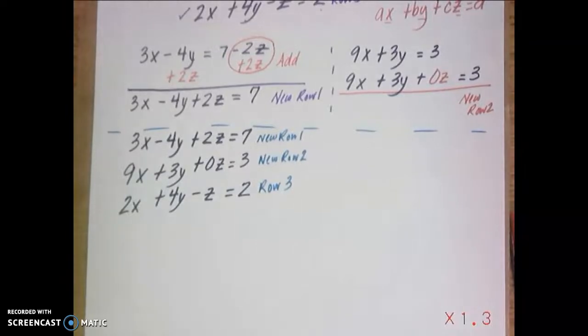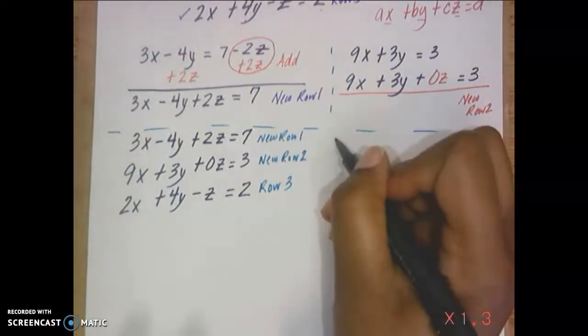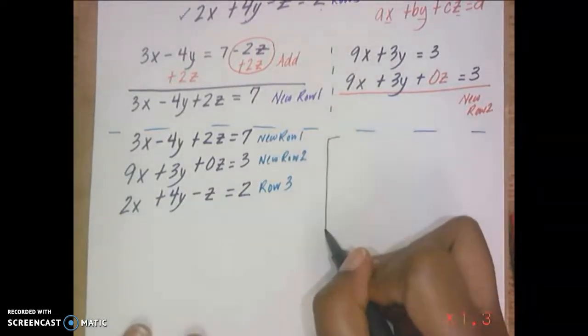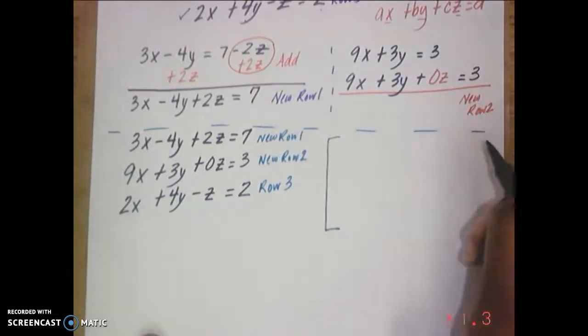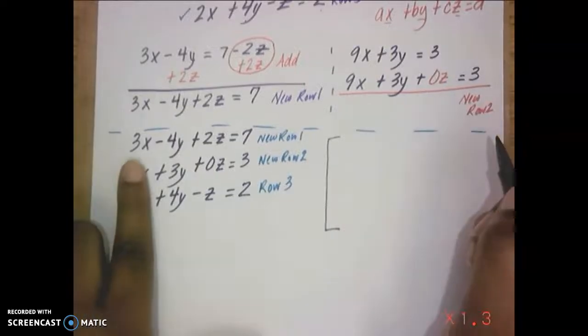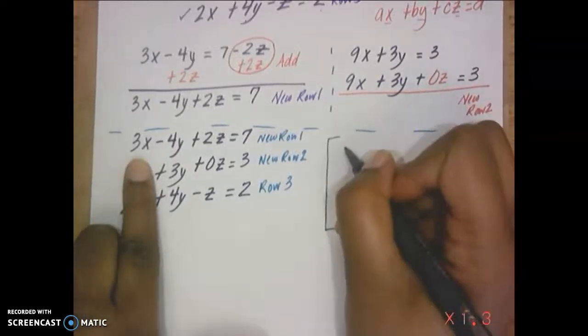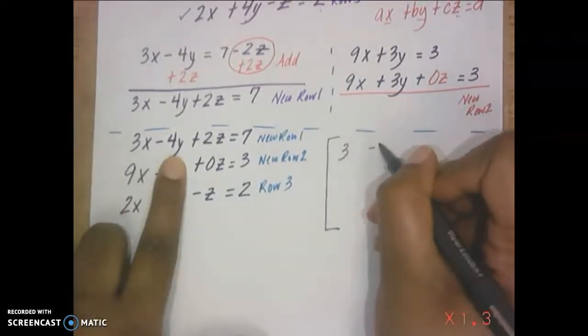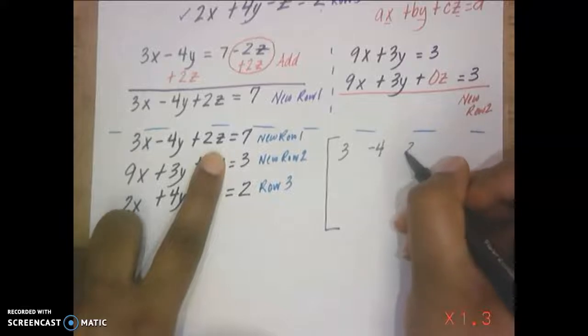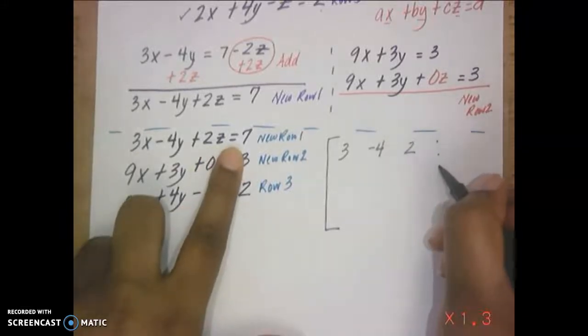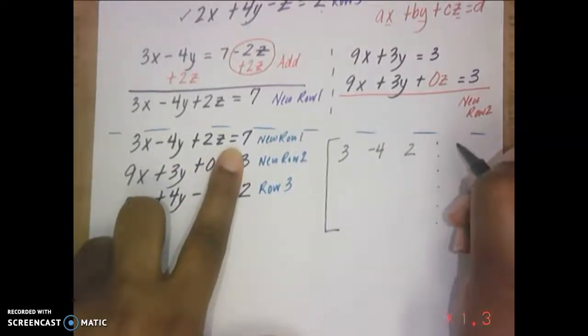Now we can set ourselves up an augmented matrix that represents what we have here. My coefficients are 3, -4, 2, and then a 7.